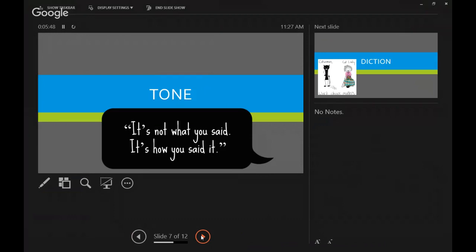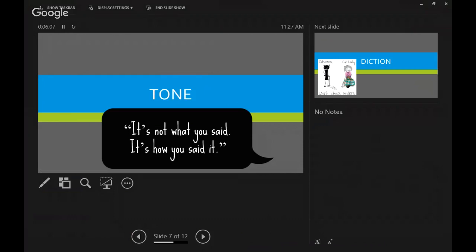Then we're going to tone, another word that we've addressed in class. This is the attitude of the author toward a subject. It's less about word choice and more about how things are said, as this little bubble says here.